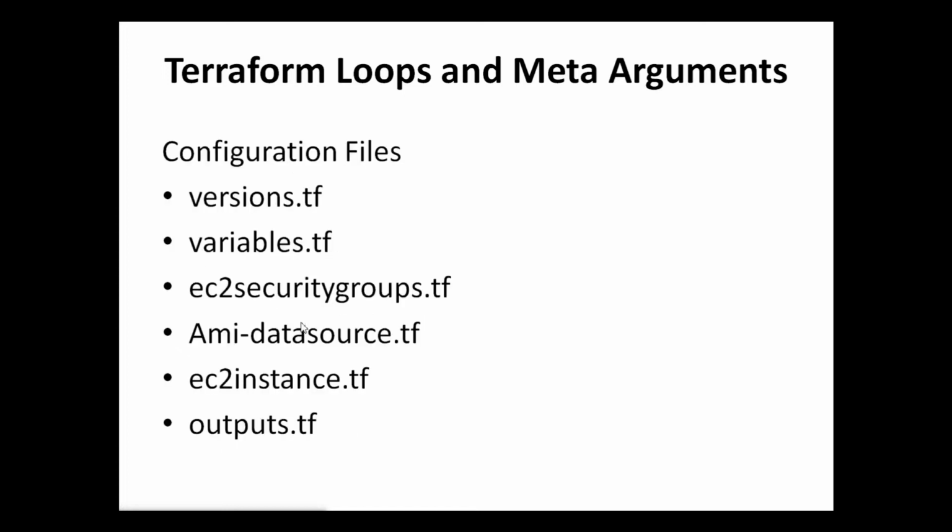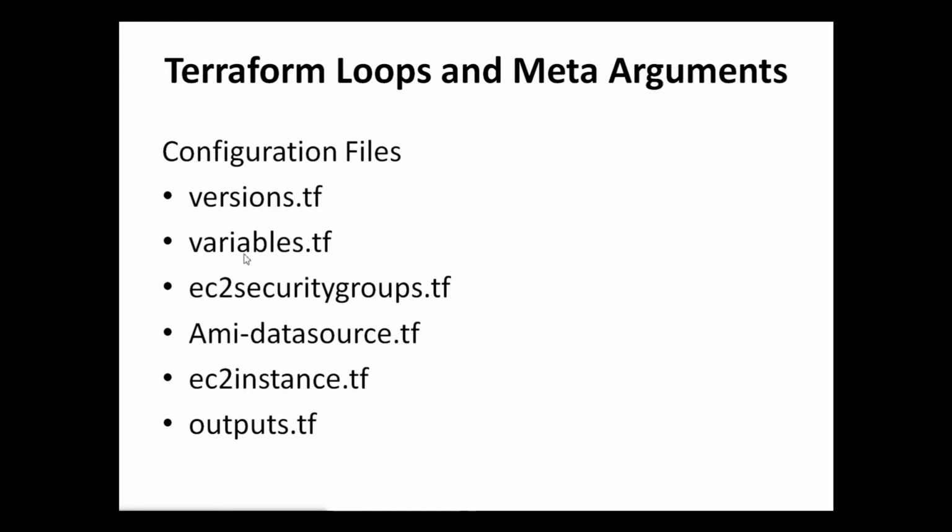Before moving into our Visual Studio Code, I would like to let you know that we'll be using the same configuration files which were used in our previous session. We won't be making any changes in versions.tf, and we will just be copying it to our fourth session.